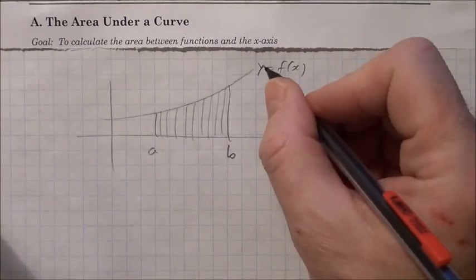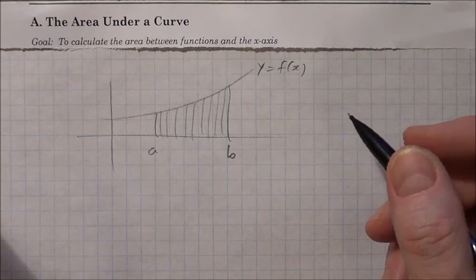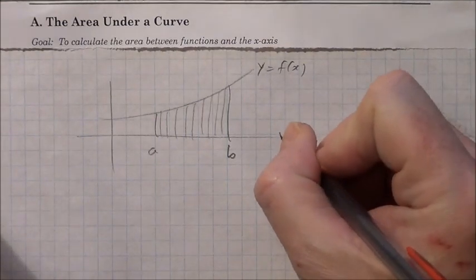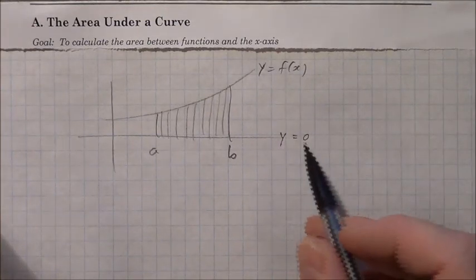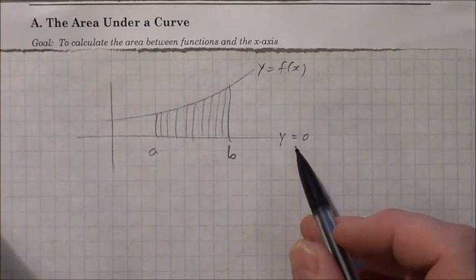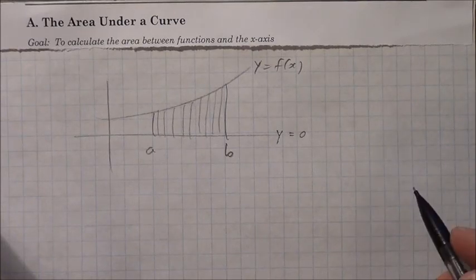The x-axis, however, and this is a little bit of insight into perhaps the next lesson, the equation of it is y equals 0. Okay, so we might see where we're going with this eventually.